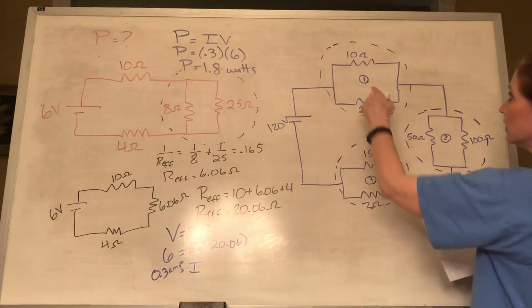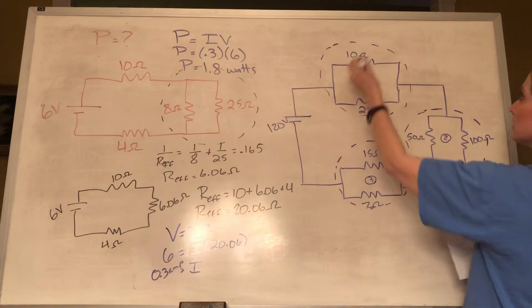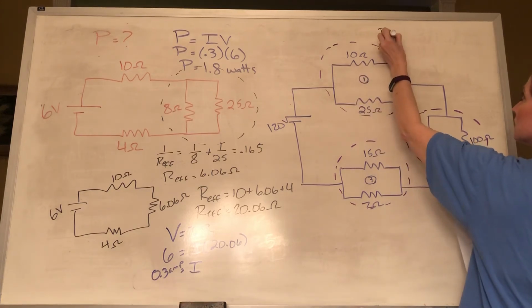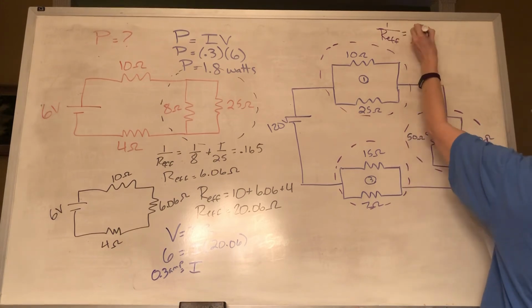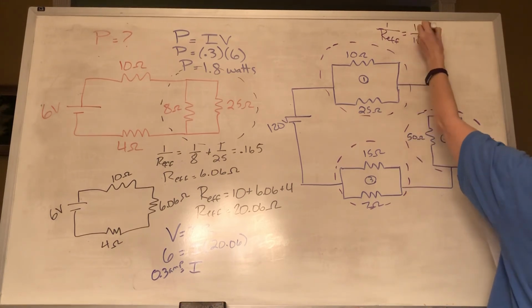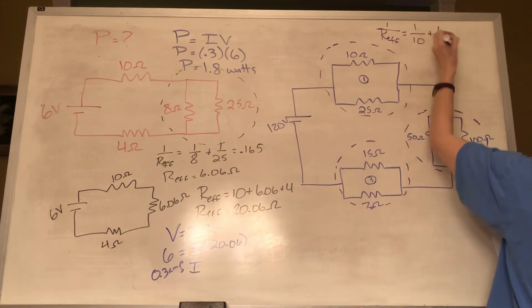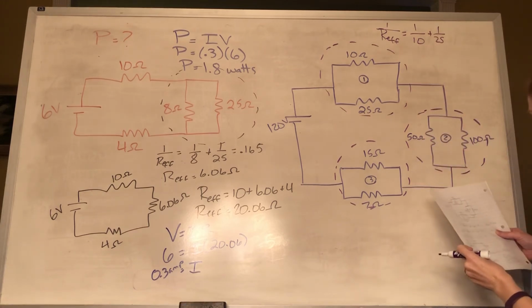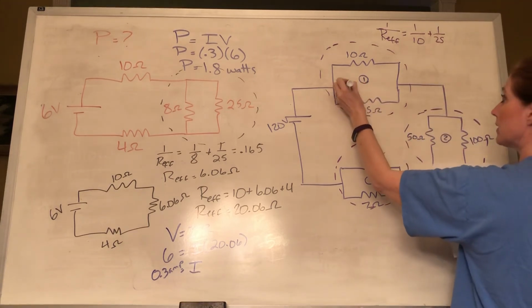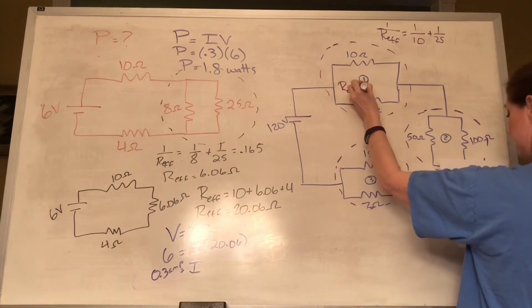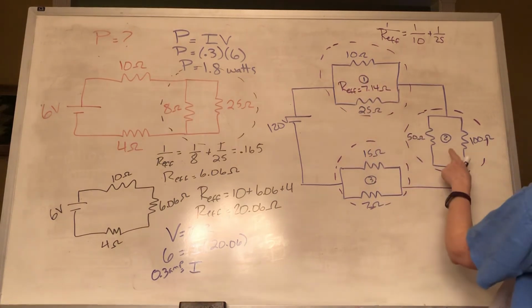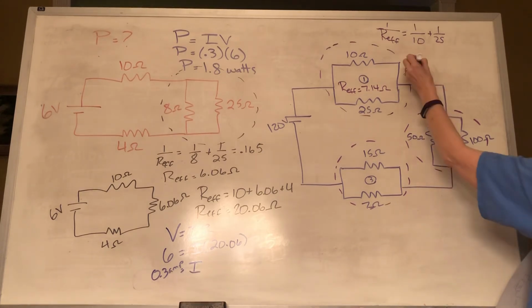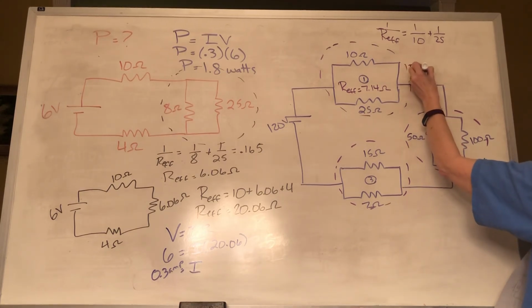Okay, so of the first one, this is 1 over, because this is parallel, 1 over 10 plus 1 over 25. And our R effective is going to come out to be 7.14 ohms.